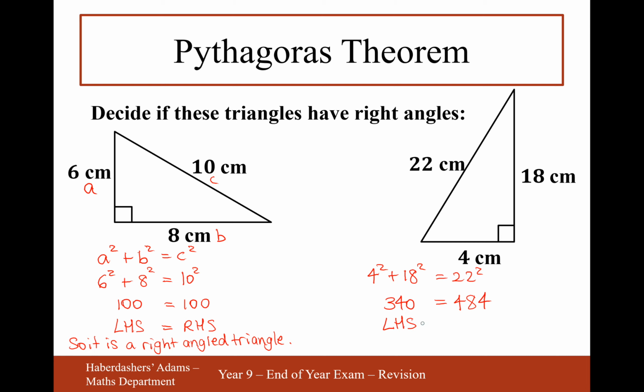Left-hand side does not equal. When you want to say does not equal, you put an equal sign and a line through it. LHS does not equal RHS, so not a right angled triangle. And there we are, that's the answer to this question.